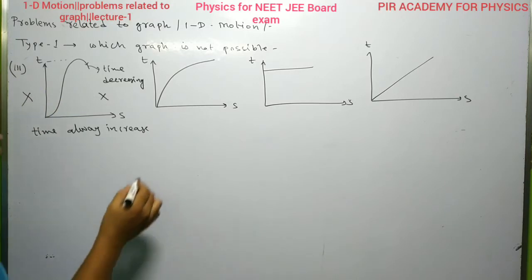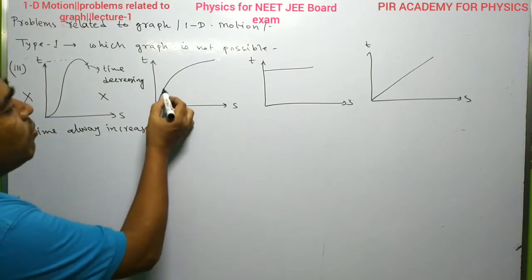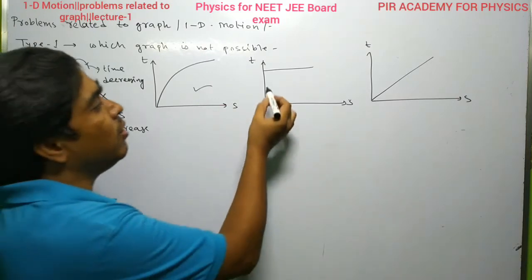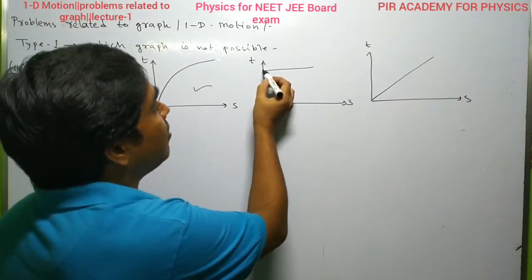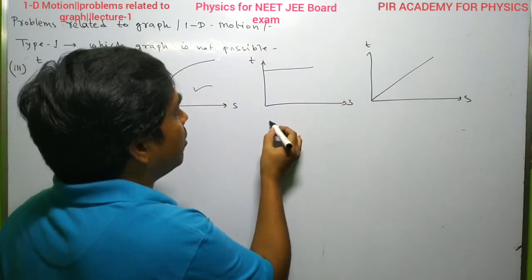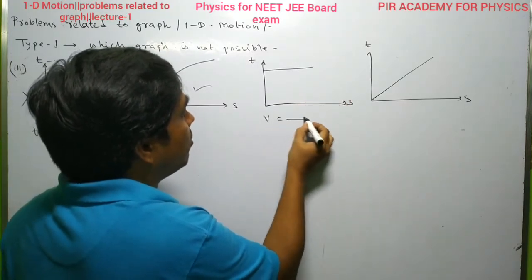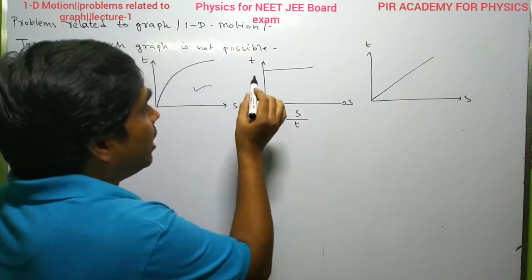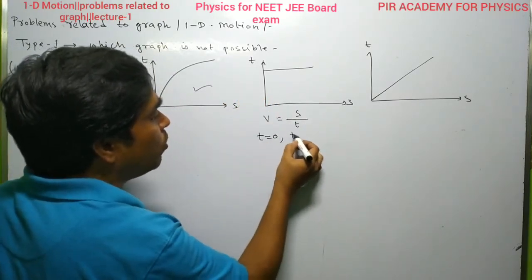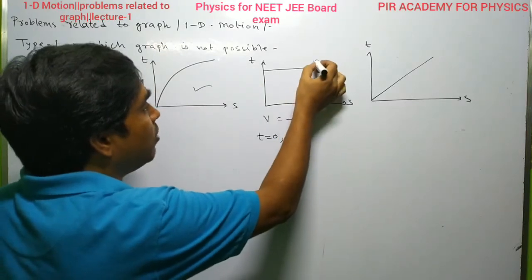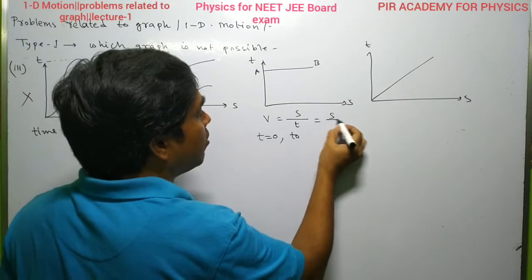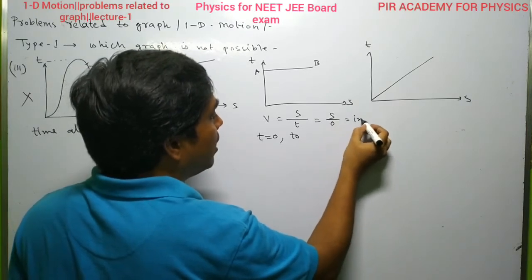Here you see that with increasing time the displacement increases, so it is okay. Here, the velocity is s by t. So this particle takes time t equals 0 to reach point B from A. So the velocity will be s by 0, that means infinite.